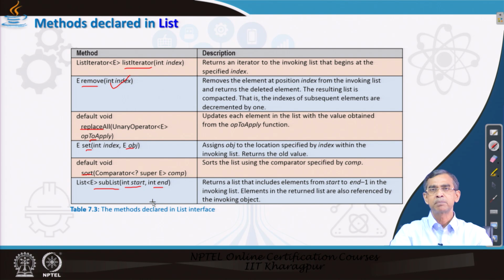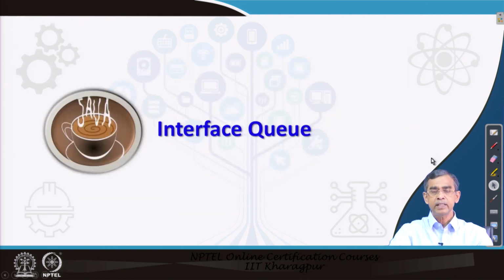So, if the elements present satisfy the start and end, it will return that particular portion of the list. So, these are the different methods in the interface, and we will be able to use all those methods when we discuss list data structures, namely the linked list data structure, for example. So, this is the list interface.